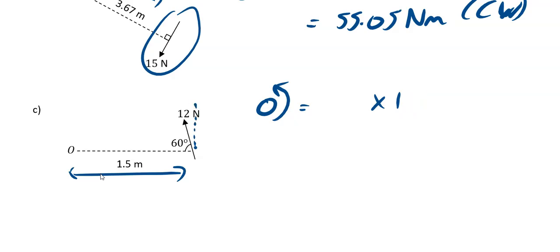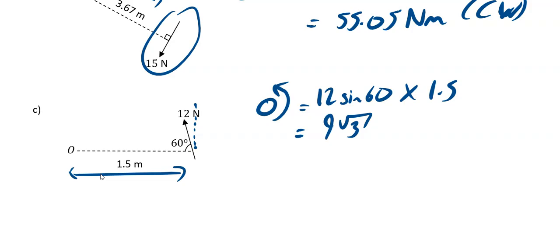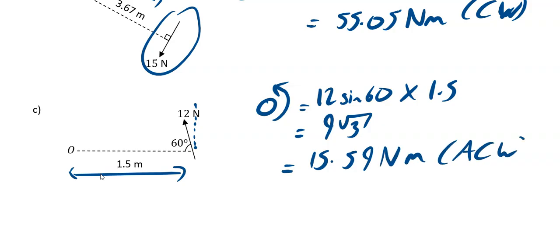So it's going to be 12 newtons times sine 60 to get the perpendicular component, and then we multiply by our perpendicular distance, which was 1.5. If you did that on your calculator, it will give you a perfect answer of 9 root 3, which works out to be 15.59 Newton meters, and that was anti-clockwise.